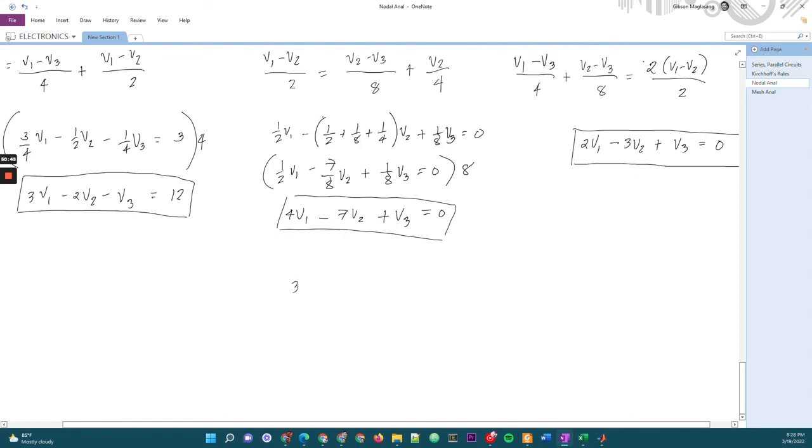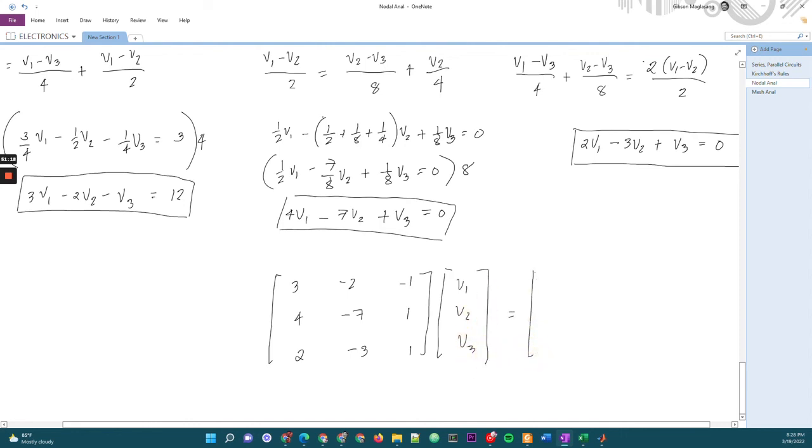So, atong i-establish ang matrix for this. Okay? So, we have 3, negative 2, negative 1, 4, negative 7, 1, 2, negative 3, 1. Times V1, V2, and V3.